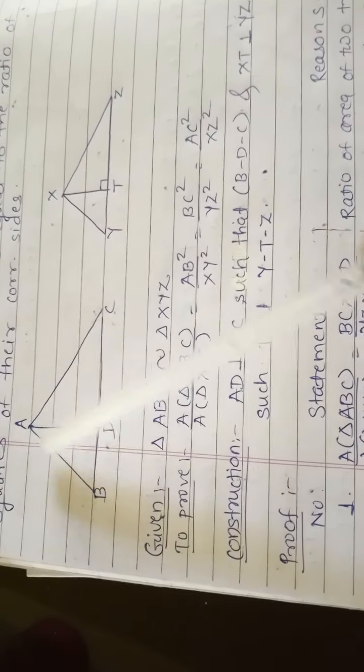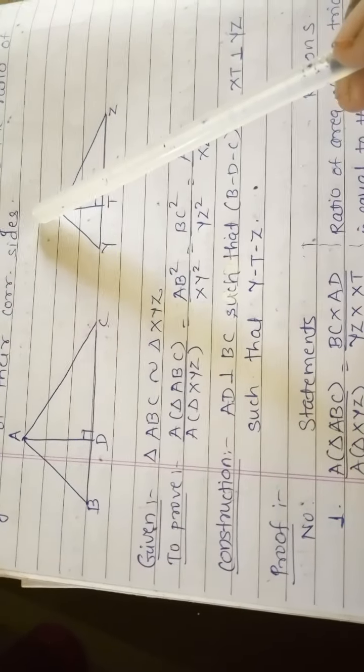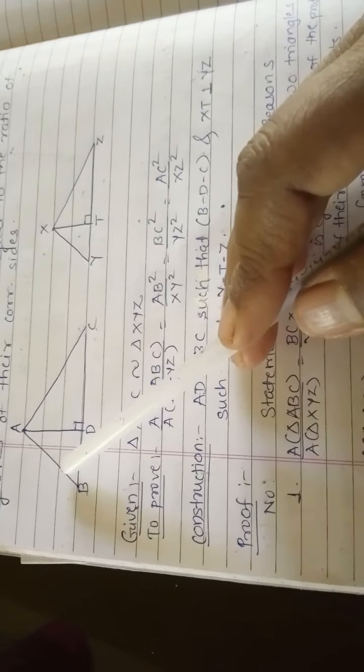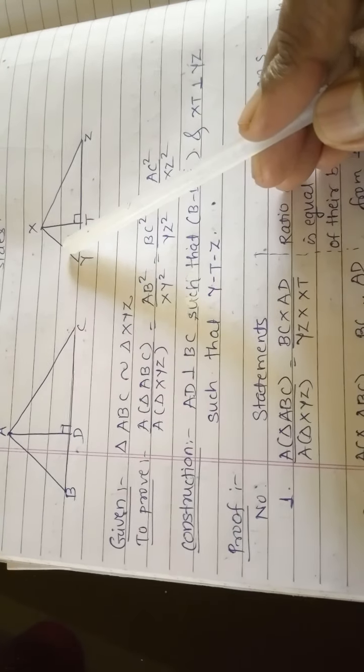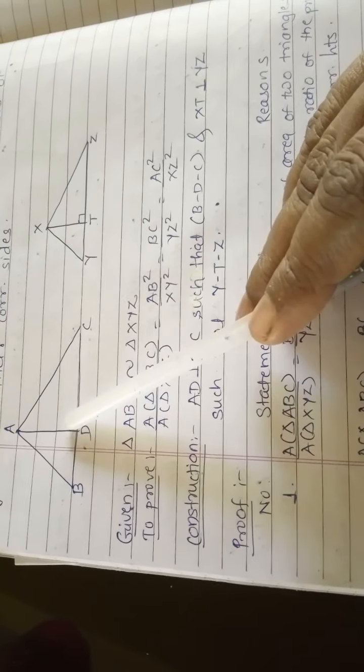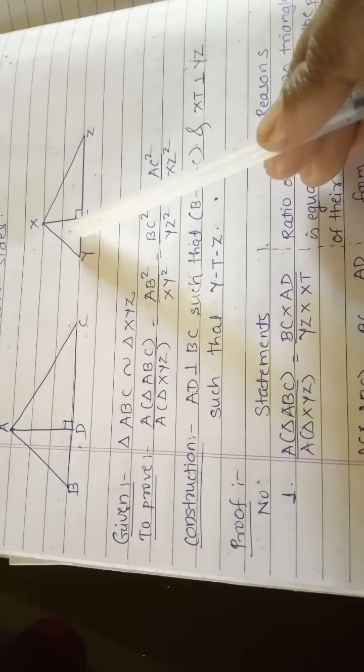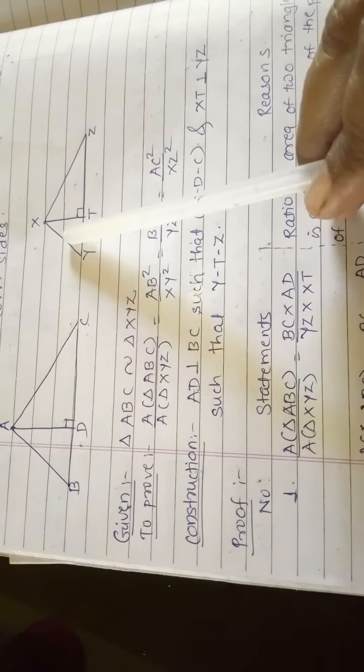That is ABD and XYT. So in the previous statement we already showed that angle B is congruent with angle Y, meaning this angle and this angle are already congruent. And you clearly see that this one is 90 degrees, meaning this angle is also 90 and this angle is also 90, so both the triangles will be similar by AA test.